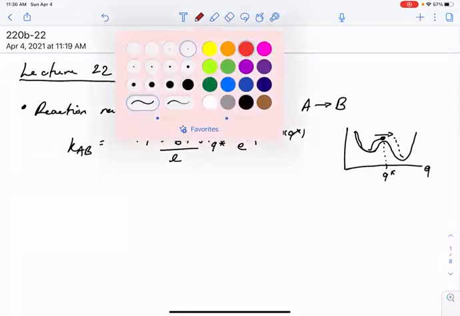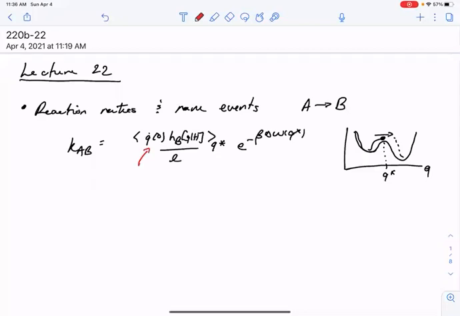So in the equation, this Q dot is the flux, the rate of change of Q, conditioned to start at the top of the barrier and end in B at time t.